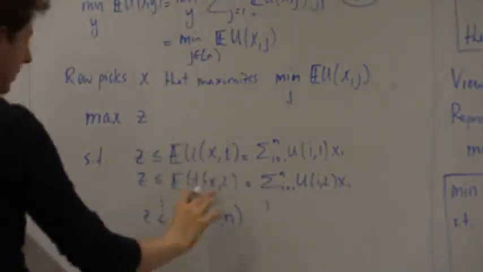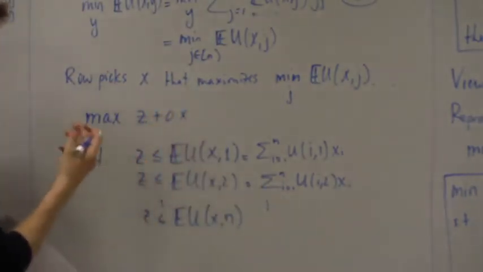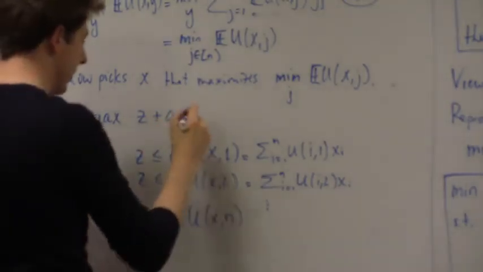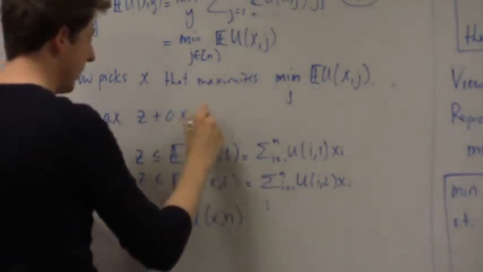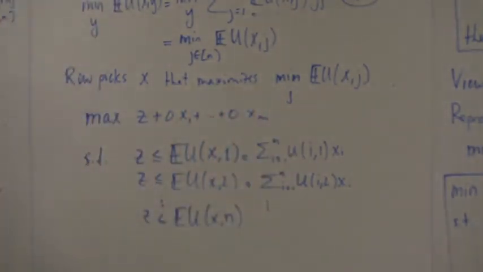So all of these are linear equations. Here we have the implicit participation, but with coefficient 0, of the variables x1 to xm, right? Oh, this is m.